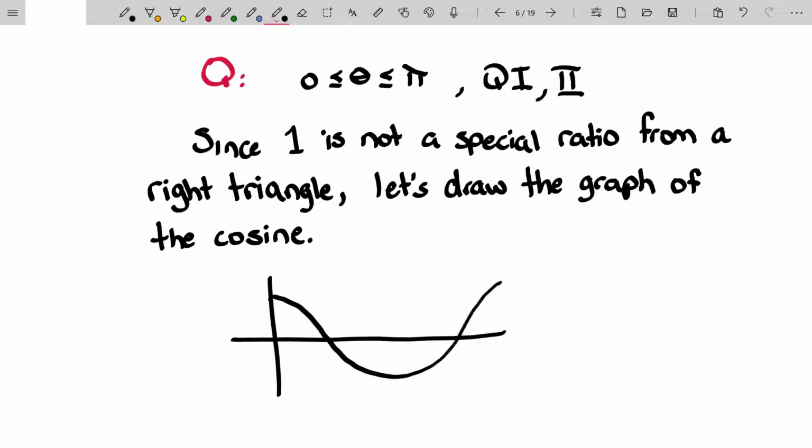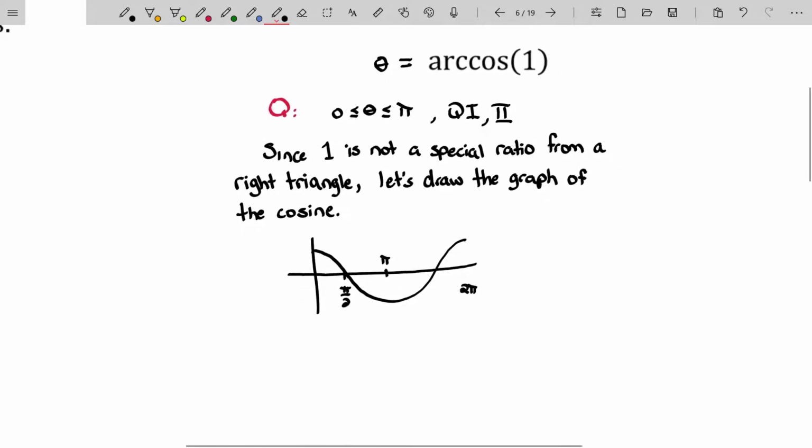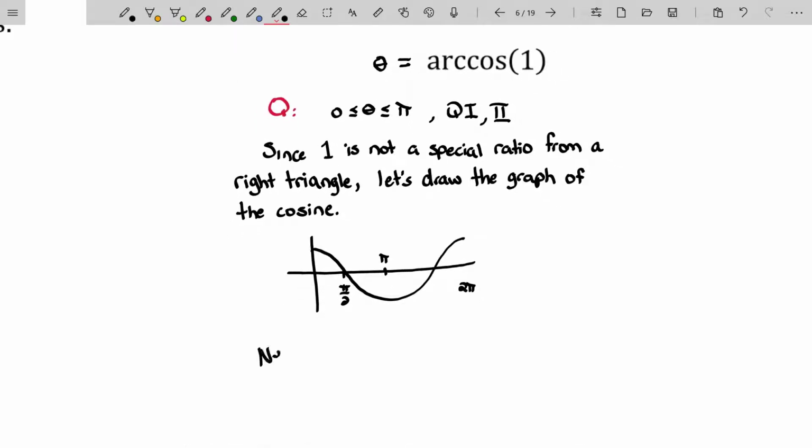Here's the cosine curve from 0 to 2 pi. Oops, I did not mean to erase my x-axis, just that part. And we know here's the special angle pi, and here's the special angle pi over 2, and so on and so forth. What we're looking for is we need the cosine of some angle theta to be 1.